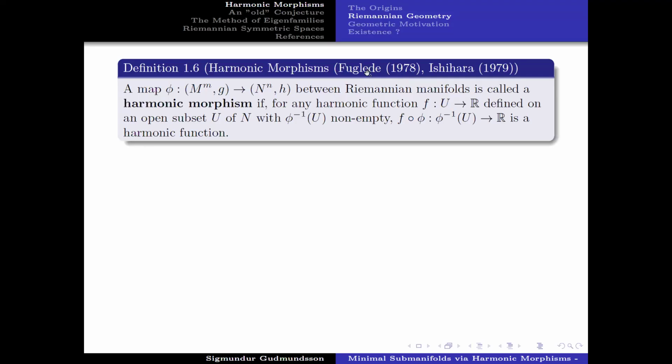Fuglede found it later in the cellar of the Maths Institute in Copenhagen. I was a postdoc with him, and he told me this. Then we met Ishihara at a great conference in 1990. Wait a minute, 1997, I guess.